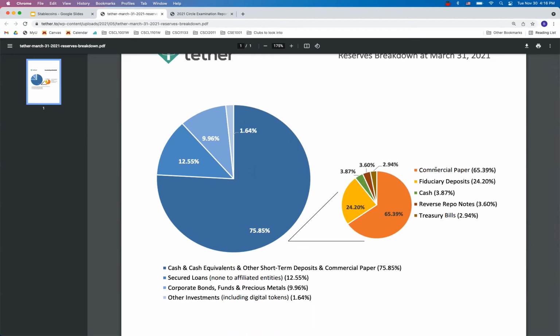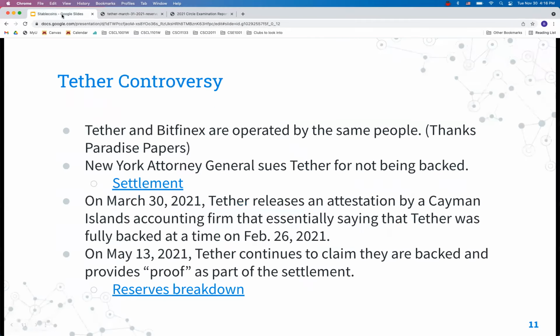So that's about half of their reserves in commercial paper, making them one of the largest holders of commercial paper. I mean, whatever you say, Tether, but yeah, that's pretty interesting.